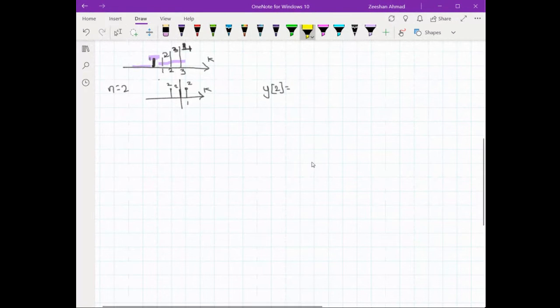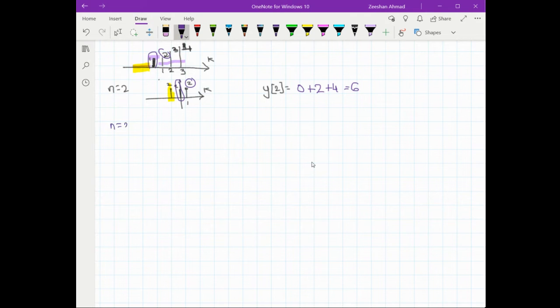Take the sample at 1, 0, multiplied by all the values of 0, so it will give me 0. Plus at 1 I have 2, multiplied by, at 0 it is 1, so it will be 2. Plus at 1 again I have 2, 2 multiplied by 2 will give me 4, so it will become 6 here. Okay, and we are going to repeat until we move the signal over the other signal completely.